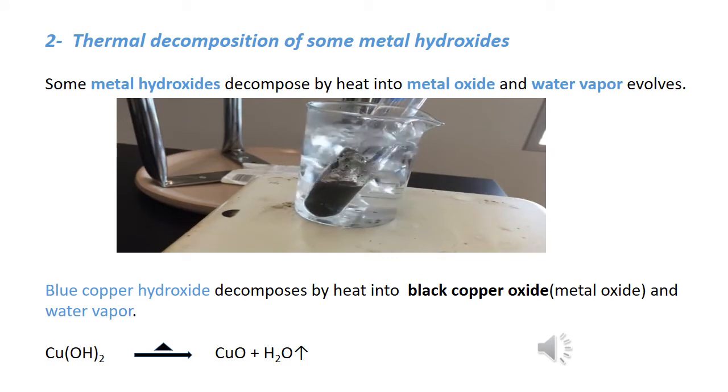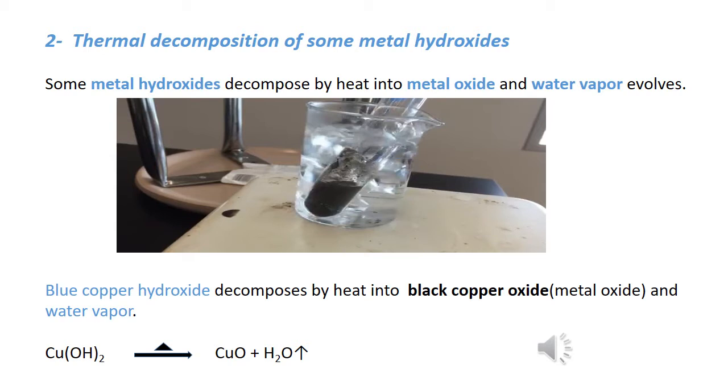Second, thermal decomposition of some metal hydroxides. Metal hydroxide decomposes by heat into metal oxide and water vapor. Metal hydroxide means a metal combined with the hydroxide atomic group, OH. Here, the metal hydroxide is blue copper hydroxide.